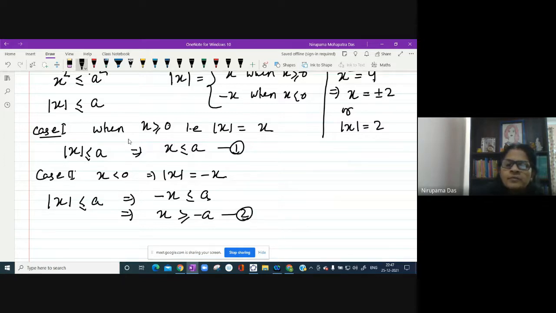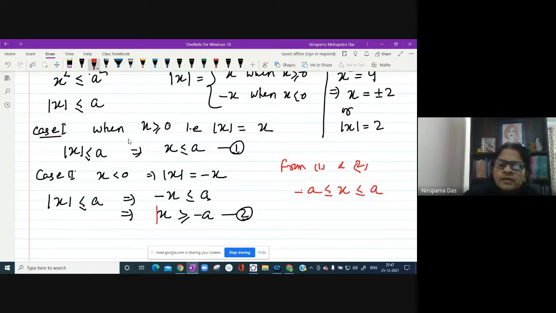So here, if you combine 1 and 2, from 1 and 2, we can get minus a less than equal to x less than equal to a.